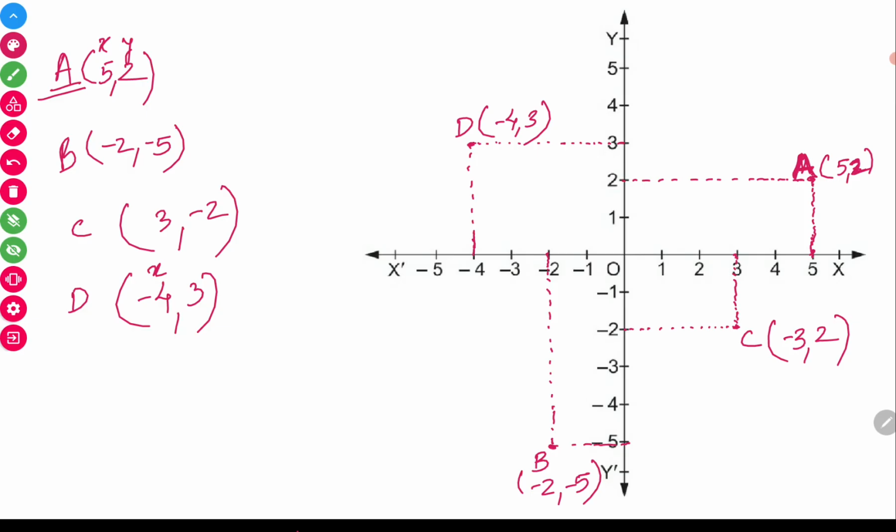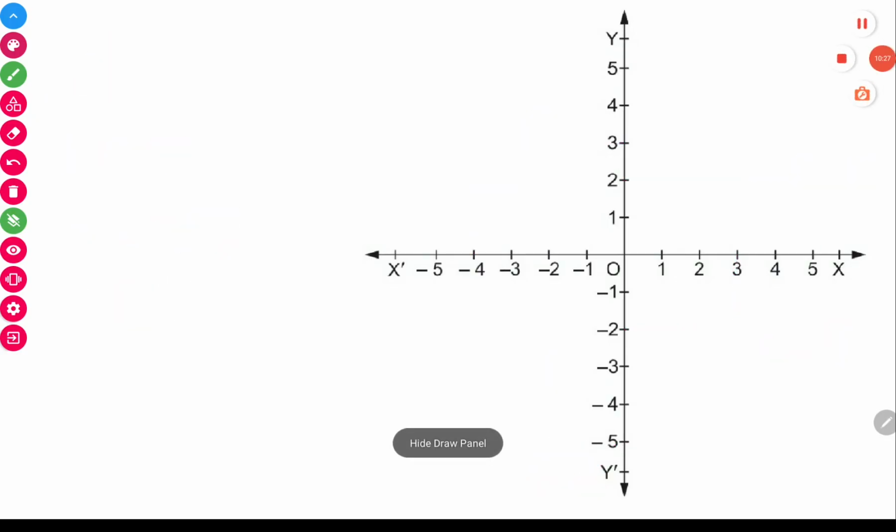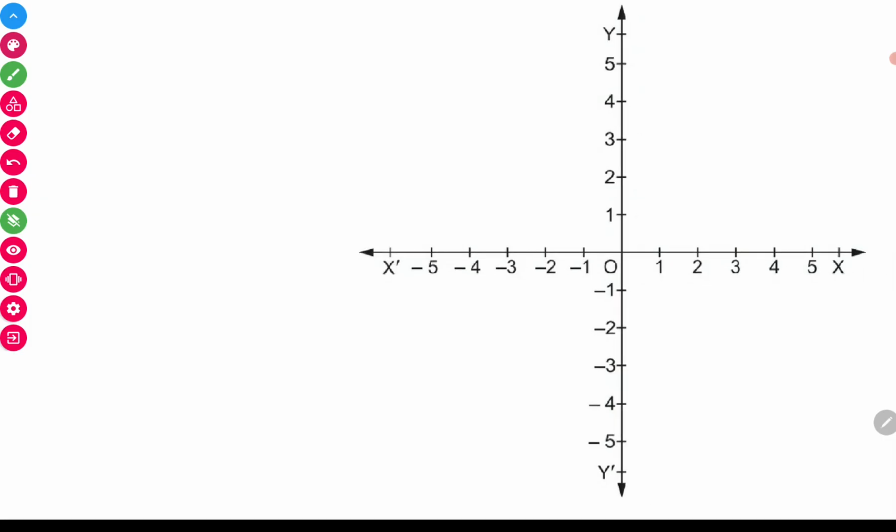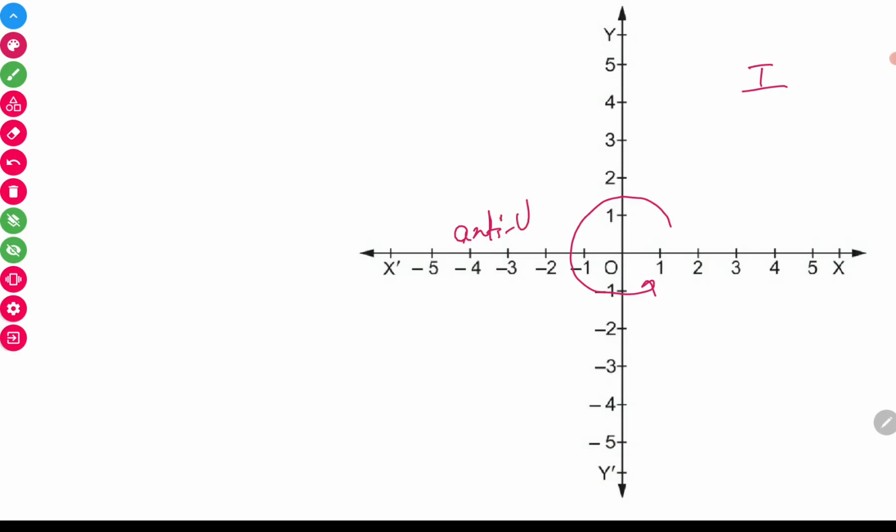Like this, we take out points on the x and y axis, or your Cartesian plane. As you can see, these x-axis and y-axis lines are dividing this plane in 4 different parts. We consider this as the first quadrant, and we go in an anti-clockwise direction. What direction? Anti-clockwise direction.